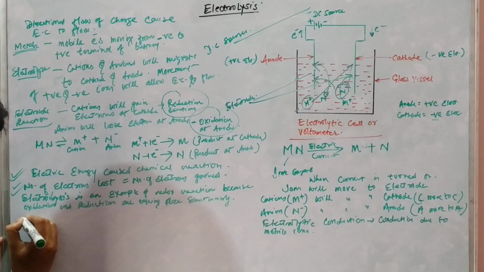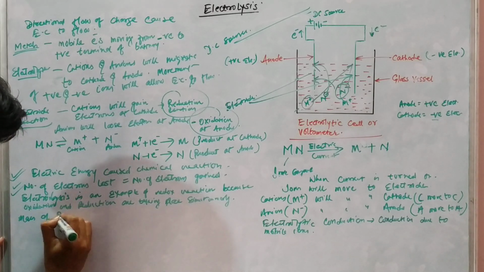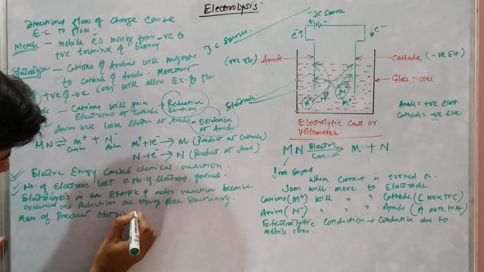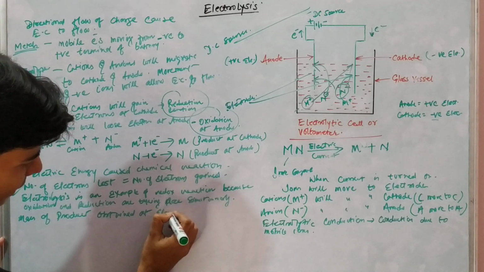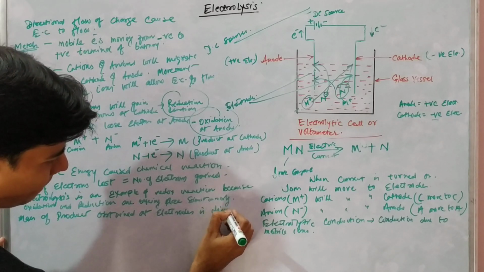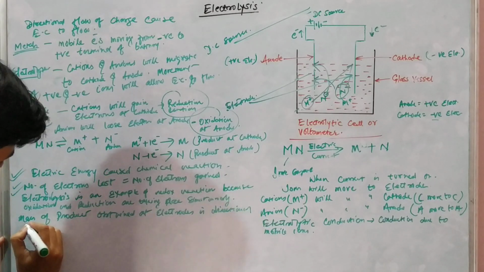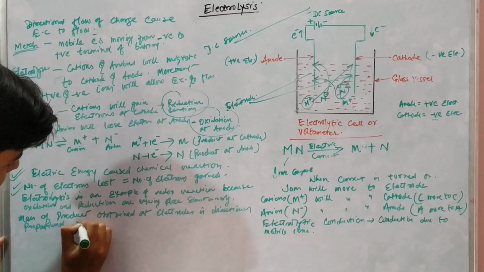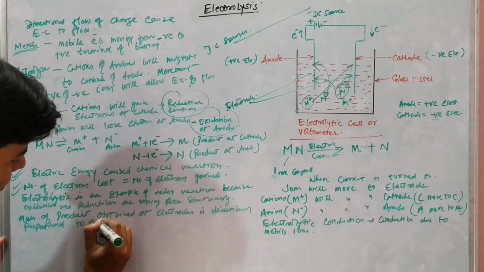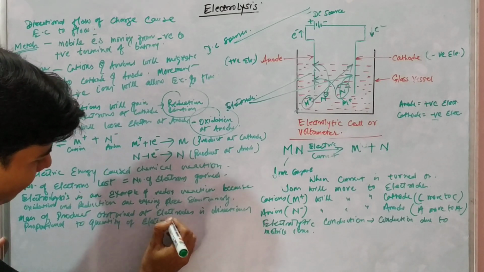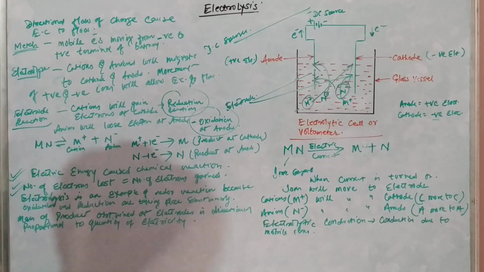Mass of product obtained at electrodes is directly proportional to quantity of electricity, right?